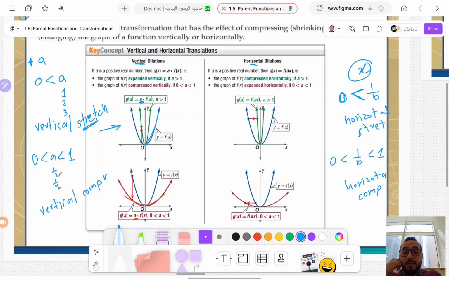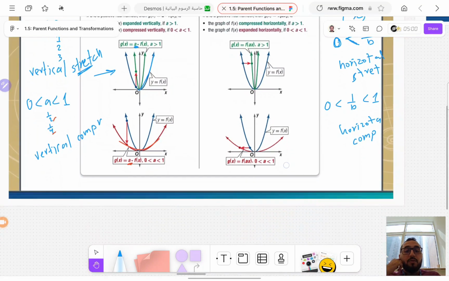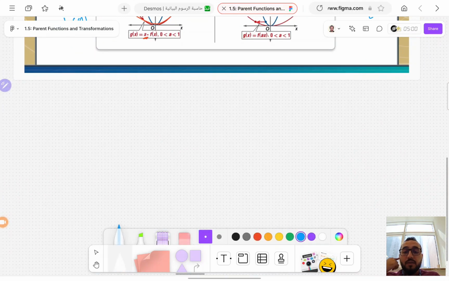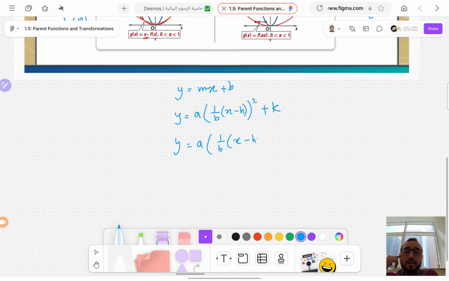Now maybe someone will ask me, what is 1 over b? Let's summarize all the formulas here. The first is the linear formula, mx plus b. The second is the quadratic, y equals a times 1 over b x minus h to the power of 2 plus k. Then y equals a times 1 over b x minus h to the power of 3, which is the cubic.